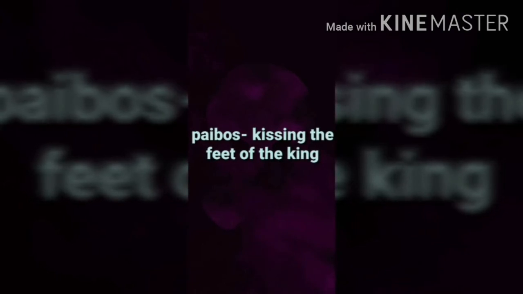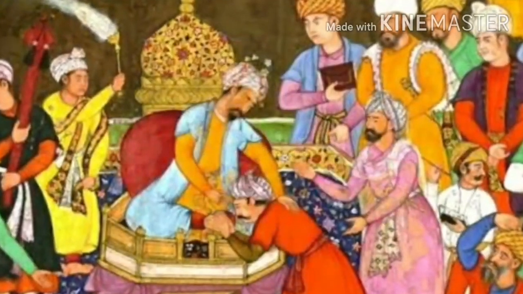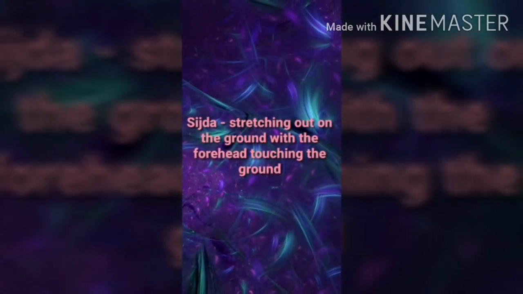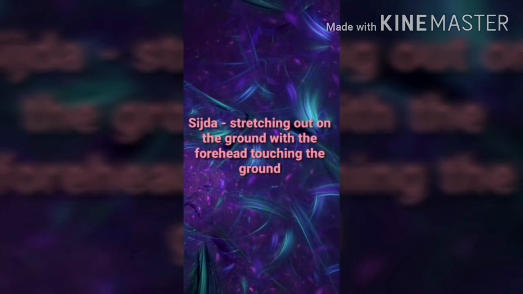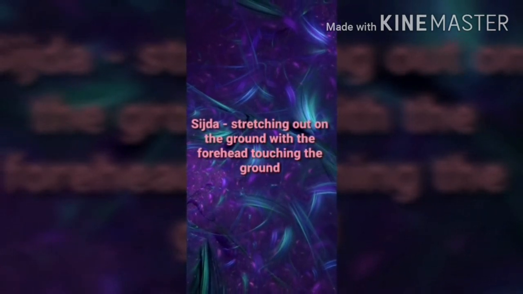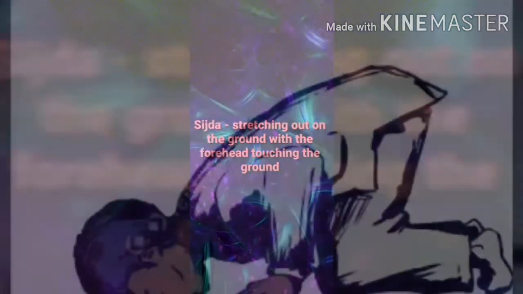Not only pabos, he also introduced another system called Sijda. Sijda, which is also called as Sajda, means stretching out on the ground with the forehead touching the ground in front of the king. These two practices were brought about to show the power of the king to the people.